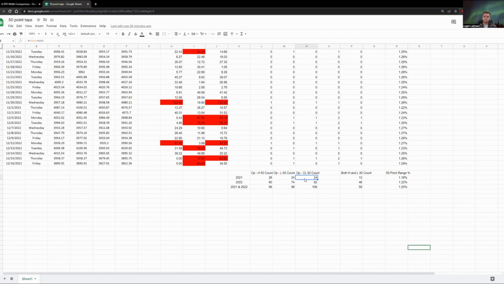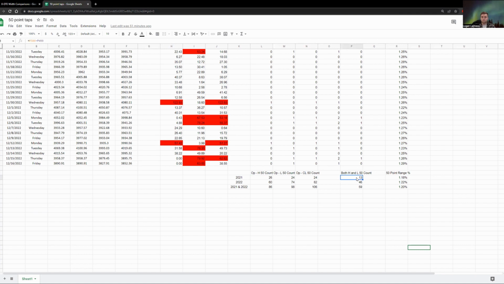It closed, open to close, more than 50 points 24 times. And here's a crazy number, right? There were 13 times where the market actually went up 50 points above the open and went and touched 50 points below the open. So it actually had a 100-point swing, top to bottom during the course of the day, irrespective of the close.